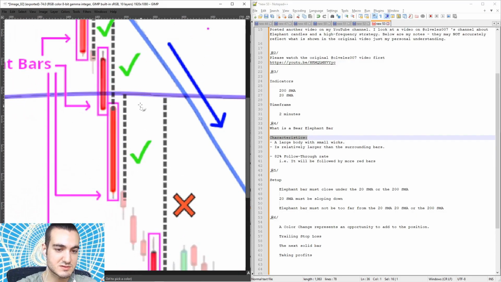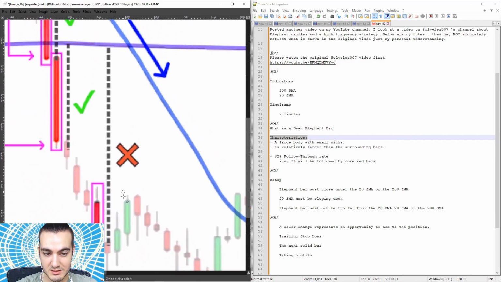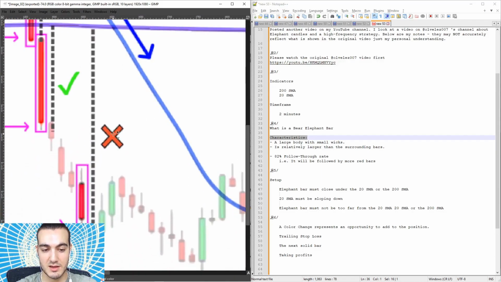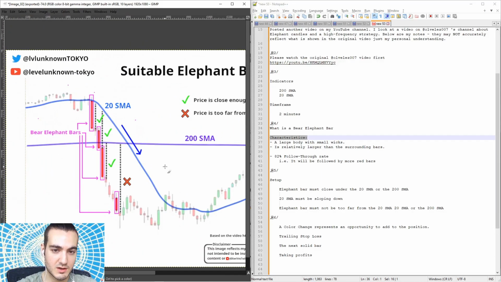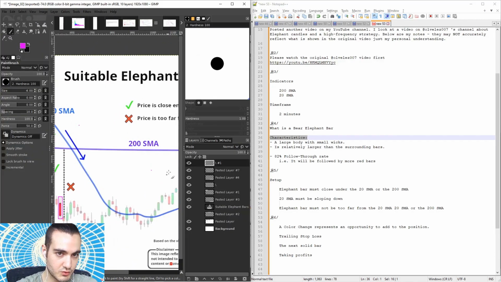And this one is close to the 200. And we're looking at the close because that is where we would be entering a trade. This 4th bar is too far away from both the 20 and the 200 SMA, so it's not suitable for entry. All right, moving on.